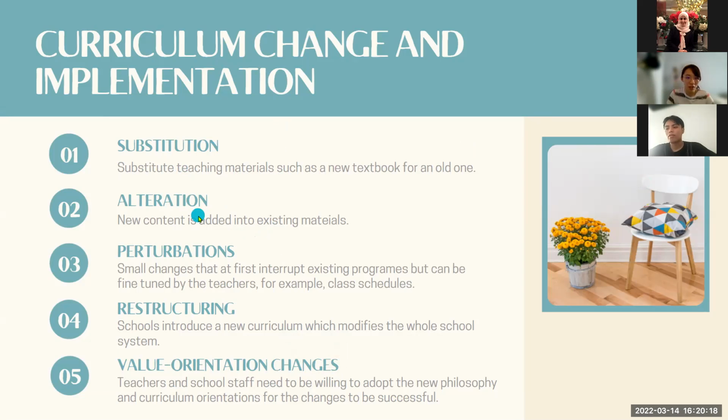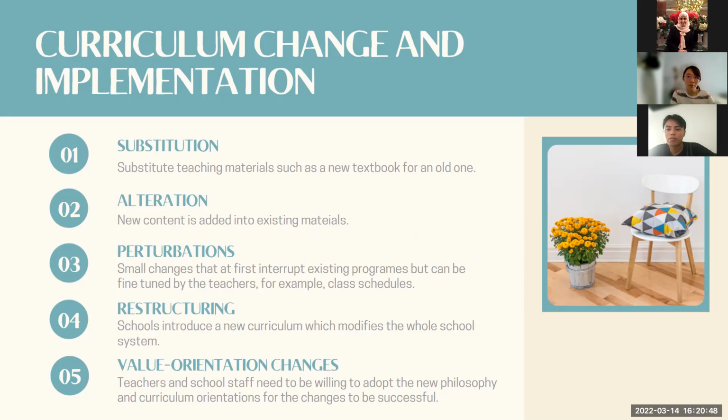Alteration is when new content is added into the existing materials. Maybe there are more group activities inside the curriculum, or more listening and speaking activities as opposed to just reading and writing. Then there are perturbations, which are small changes that, when first implemented, will interrupt the existing programs because it's something new.